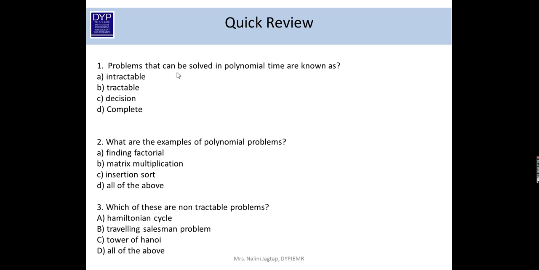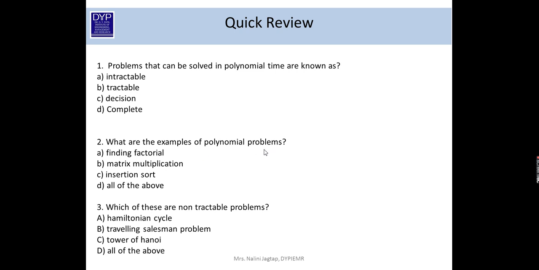Problems that can be solved in polynomial time are known as, the options are intractable, tractable, decision, complete. The answer is tractable problems. The second question is, what are the examples of polynomial problems?